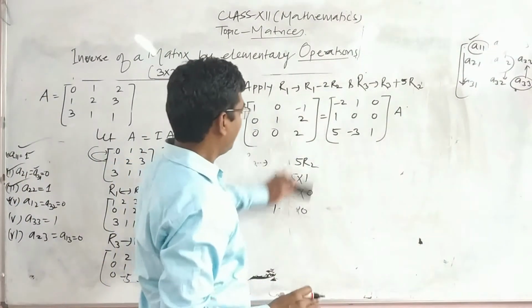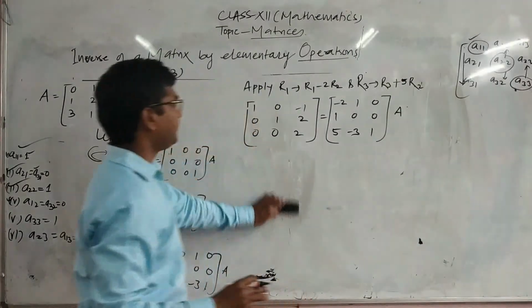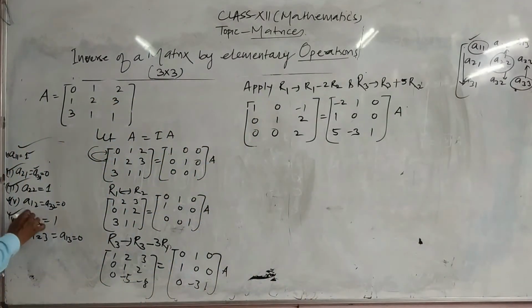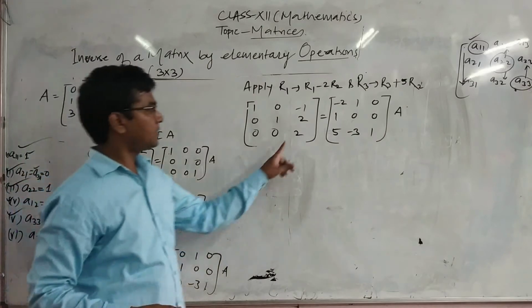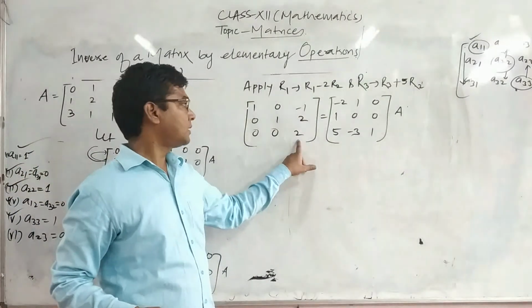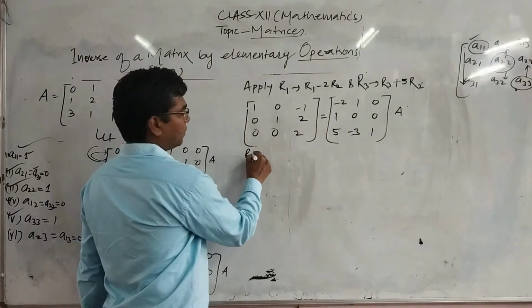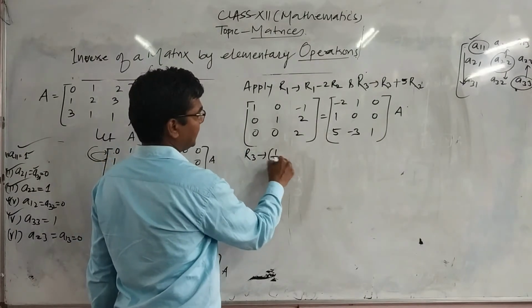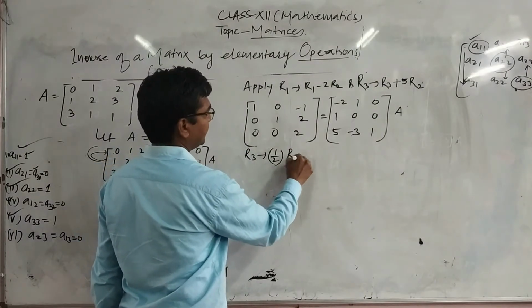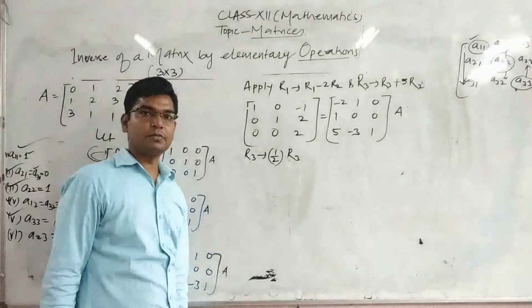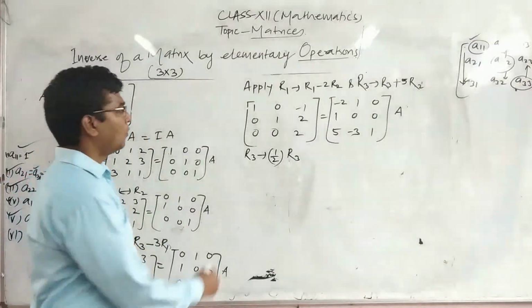Now we will make A33 equal to 1, which means we will make this 1. Very easy. This is row number 3, so just multiply row number 3 by half. Half into 2 will be 1.